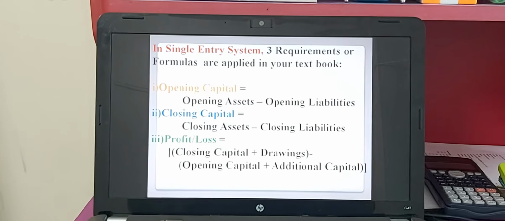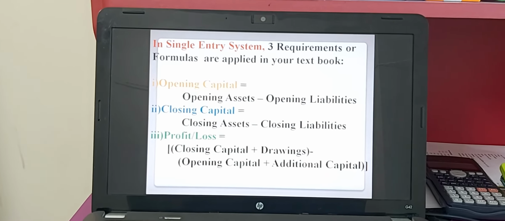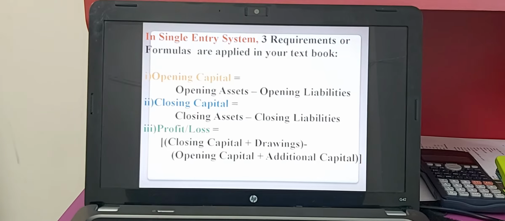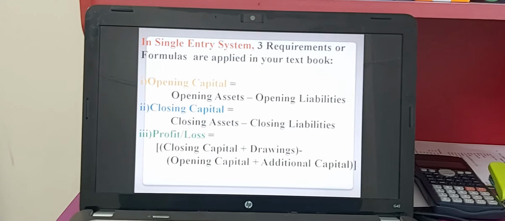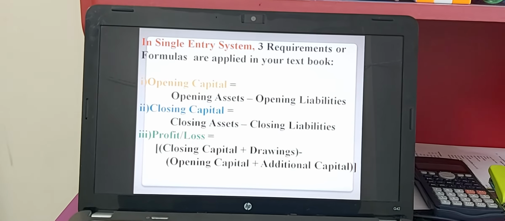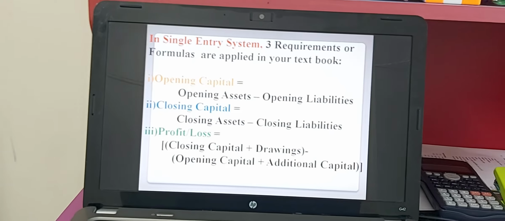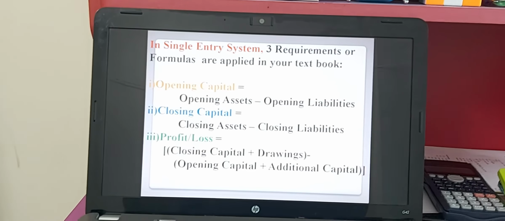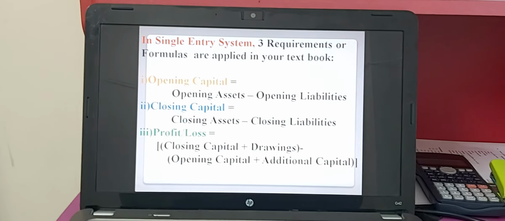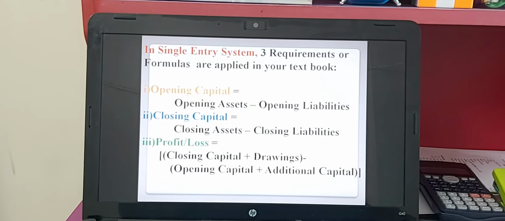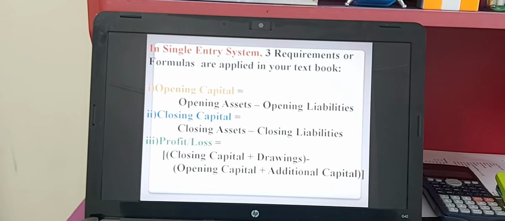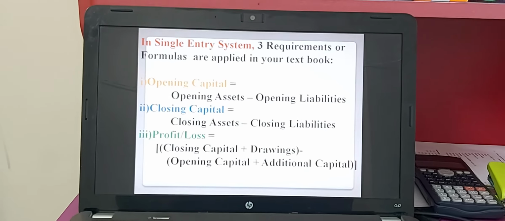On 1st January, total assets of his business were Taka 5,50,000 and liabilities Taka 1,70,000. He newly invested Taka 50,000 in the business in this year. In that year, he withdrew Taka 40,000 from the business.